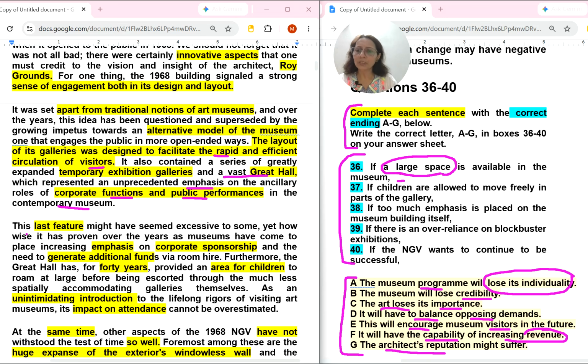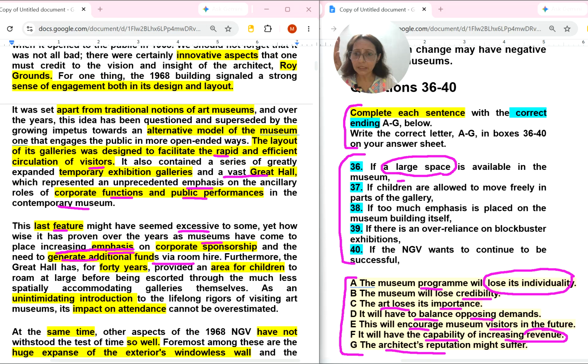Let's read the next one. This last feature. Whatever the writer was discussing in this paragraph, the writer is saying another feature. I think this last feature might have seemed excessive to some, yet it has proven itself over the years as museums have come to place increasing emphasis on corporate sponsorship and the need to generate additional funds via room hire.